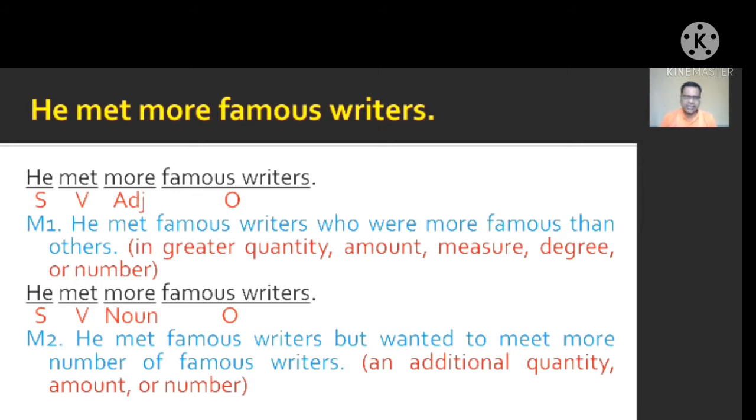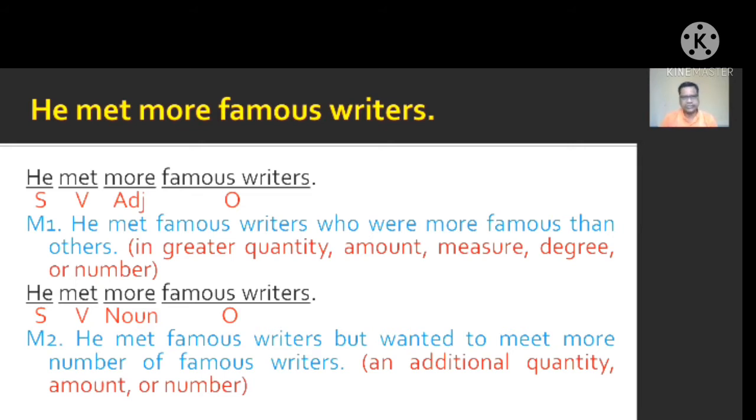And the last element here in the sentence is famous writers. This is a noun phrase functioning as object of the sentence. Let us see now the first meaning over here. When I say he met more famous writers, I mean to say he met famous writers who were more famous than others. It means you can say you have the 3 categories of writers.